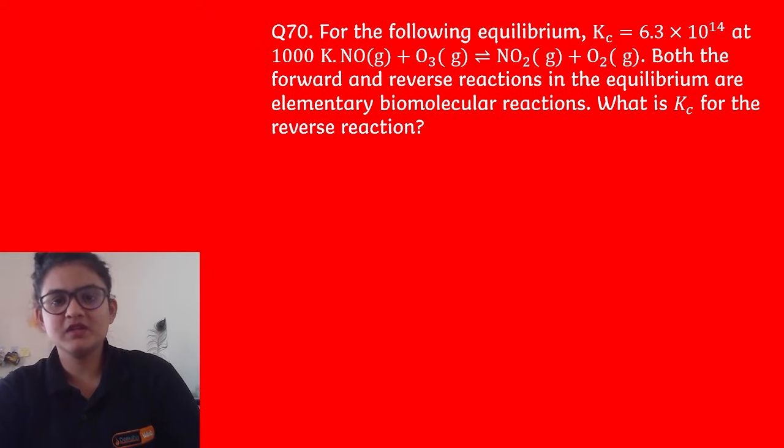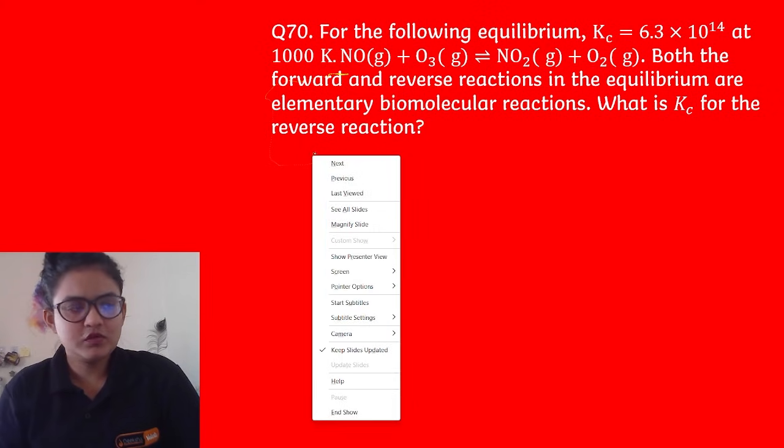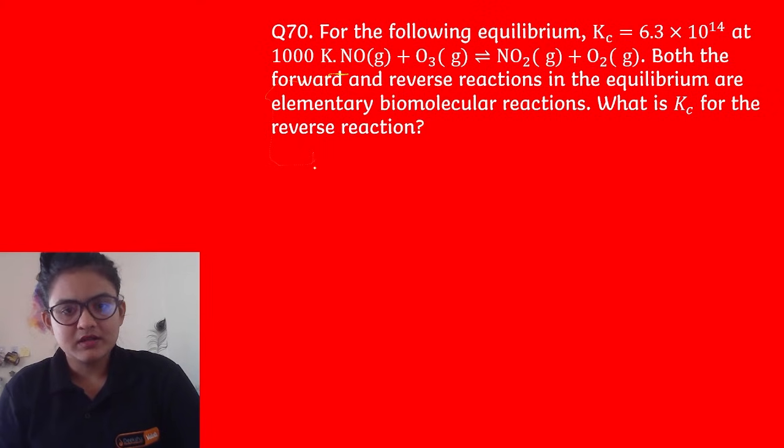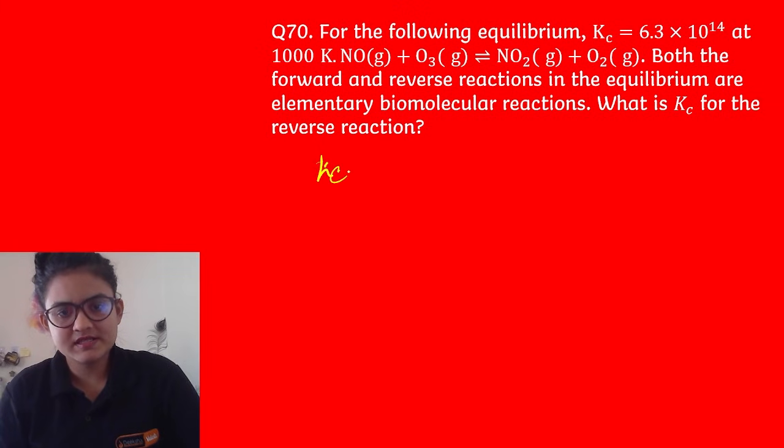Whenever we are finding Kc for the reverse reaction, we just have to take the reciprocal. Let's call it Kc prime, the constant for the reverse reaction.